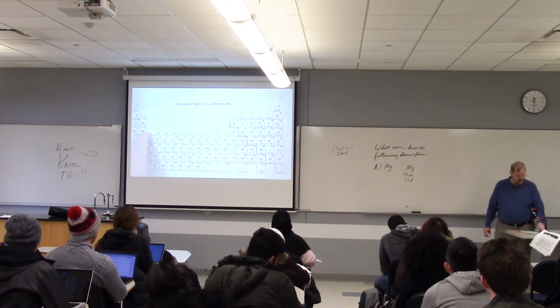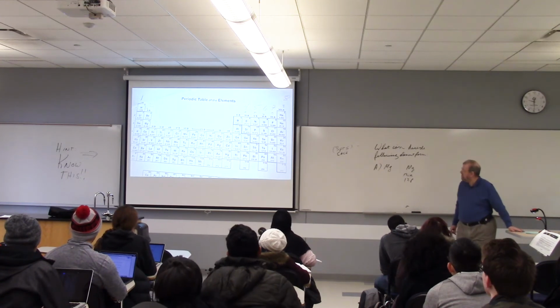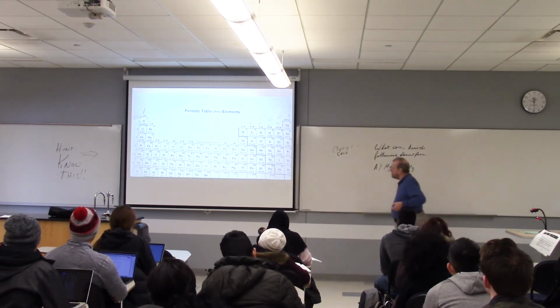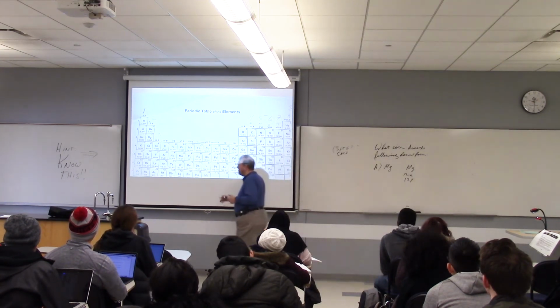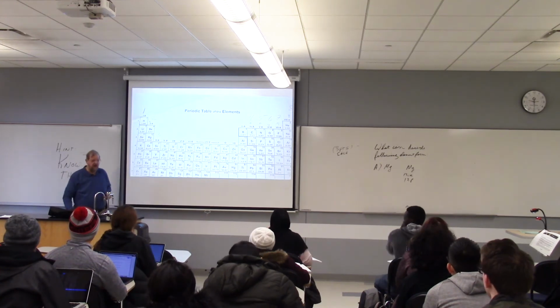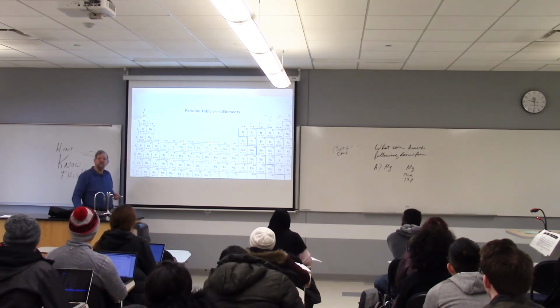Now, here's magnesium, with atomic number 12, 12 protons, 12 electrons. Remember, the atomic number tells you the number of electrons and protons.